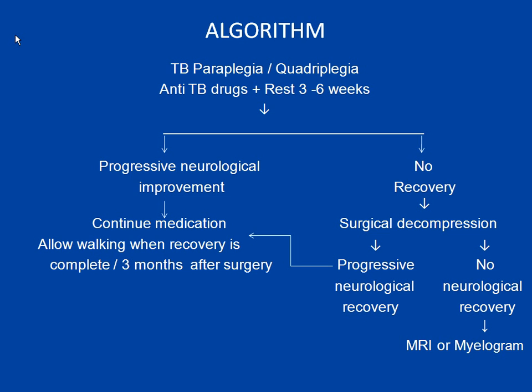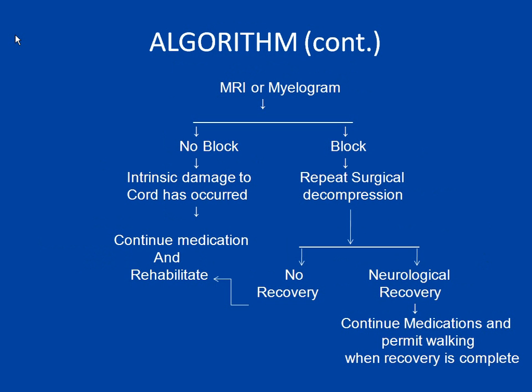And in those, after decompression, if there's a progressive neurological recovery, after 3 months, they start ambulation. And those who have shown no neurological recovery, we put them for a repeat MR or a myelogram. And in those patients, if we find there is a mechanical block, we repeat a surgical decompression, and if there is a neurological recovery, they continue medication and are permitted walking when recovery is complete.